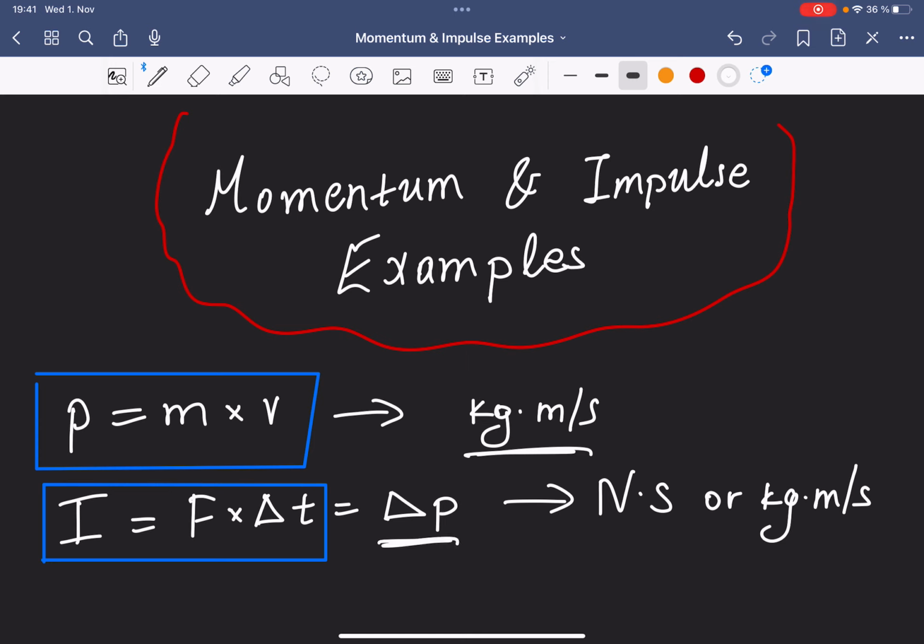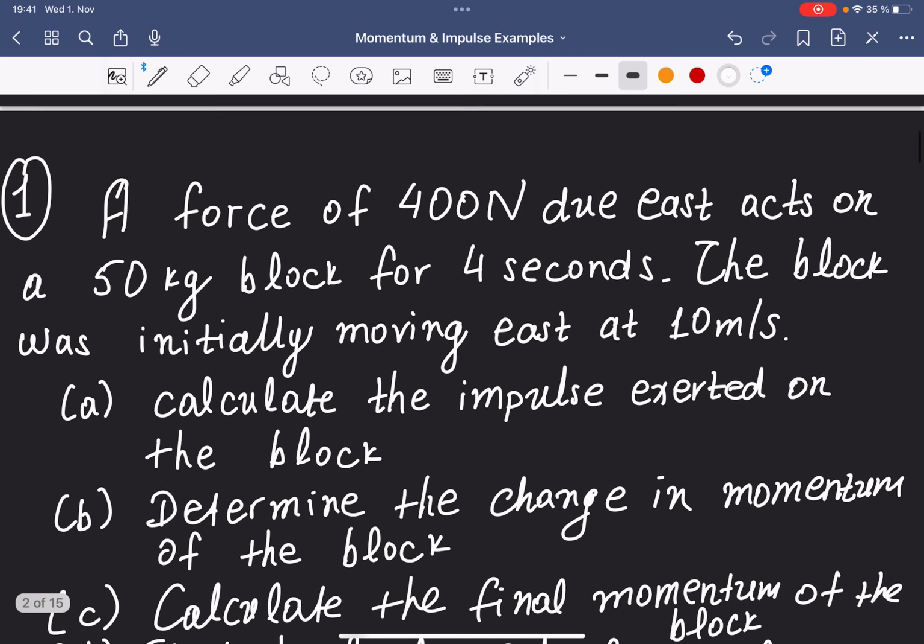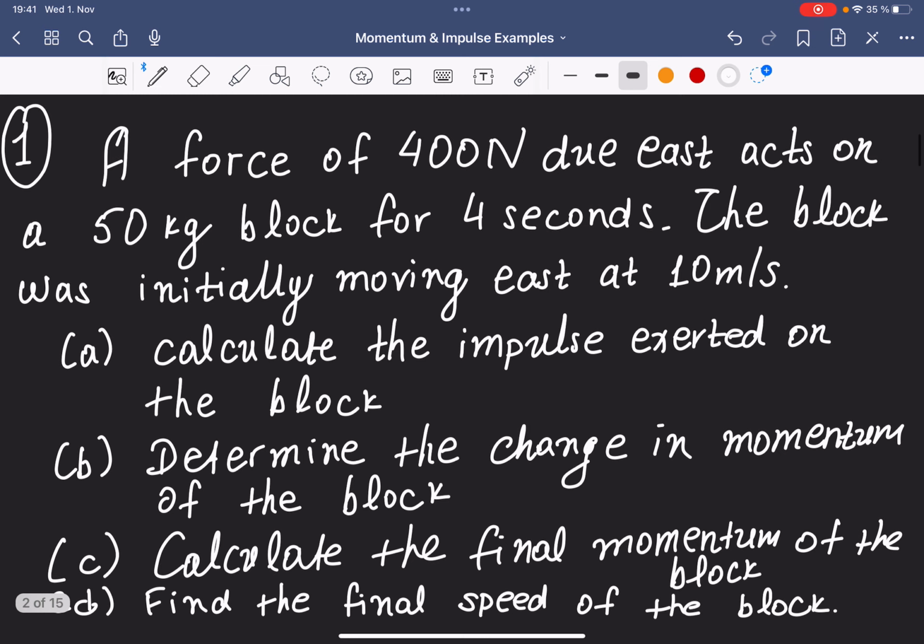And units for this quantity is newtons per second or kilograms per meter times meters per second. So let's directly dive into the first example.